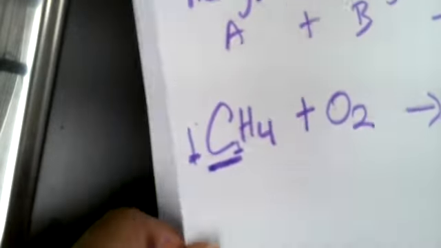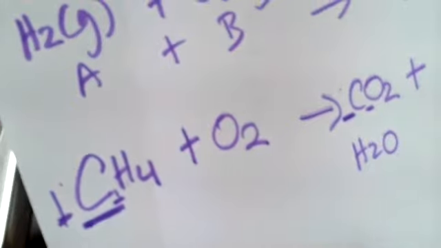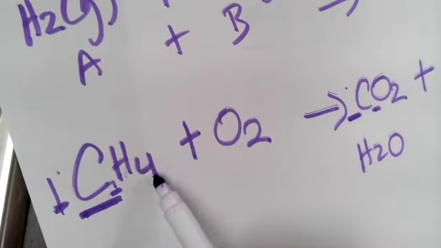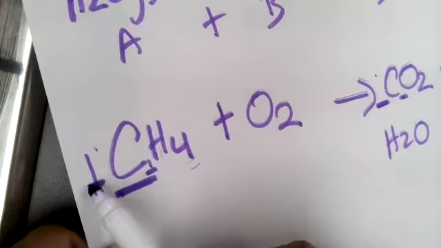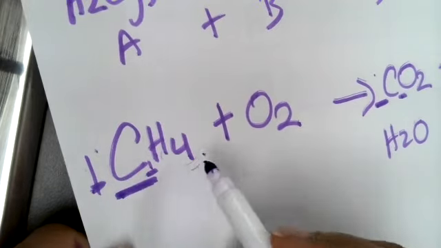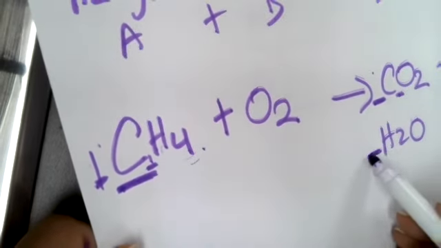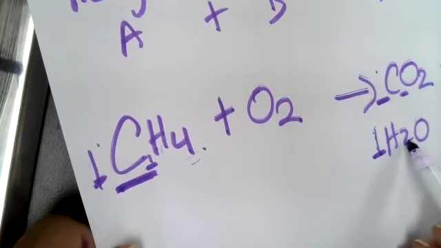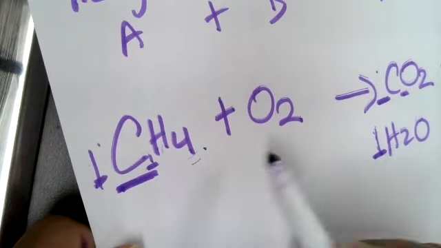I'm going to go back and see what else is there. I can see that I have 4 hydrogens over here, right? So 1 times 4 is 4. And on this side, I have 1 times 2. So I have 2 on the product side and 4 on the reactant side. 4 and 2 doesn't make sense.